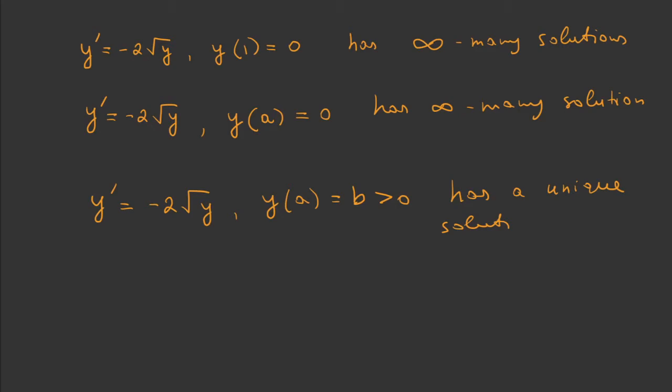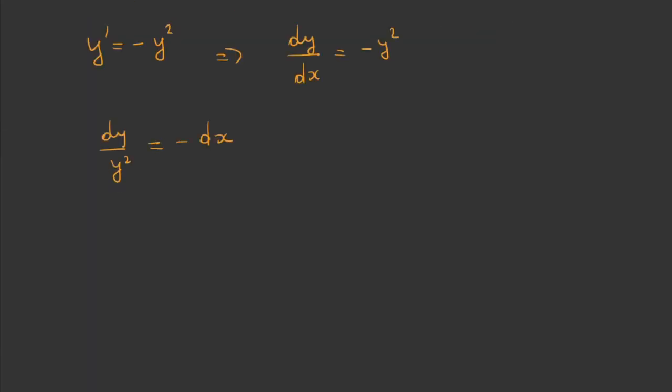Now let's look at the other differential equation. Again, this differential equation is separable. It's fairly easy to separate the variables by dividing by y squared and multiplying by dx. The division by y squared is possible when y is not equal to 0. Next, we can integrate both sides.